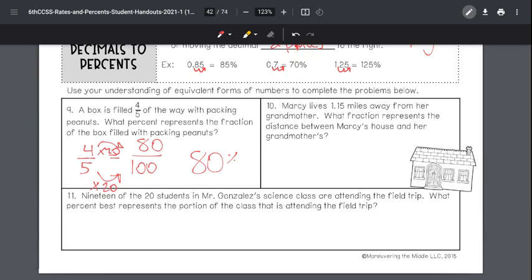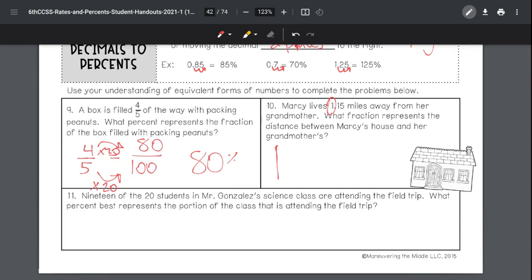Marcy lives 1.15 miles away from her grandmother. What fraction represents the distance between Marcy's house and her grandmother's? Our whole number 1 tells me that it's going to stay the same, okay? We already have one whole entire grid colored in. All 100 boxes are filled in.